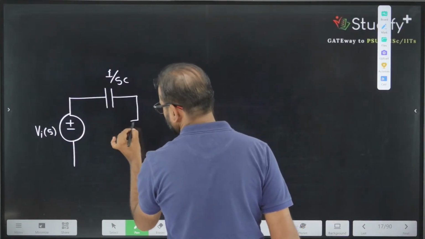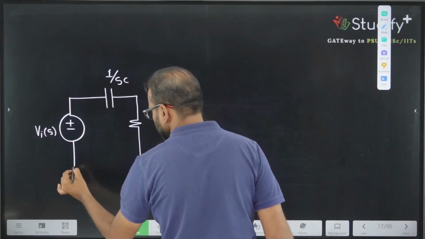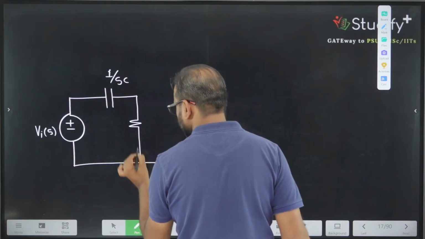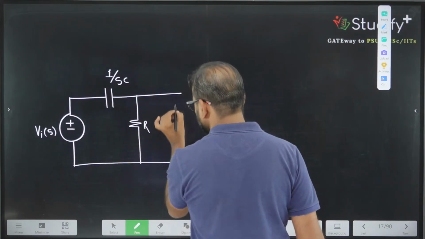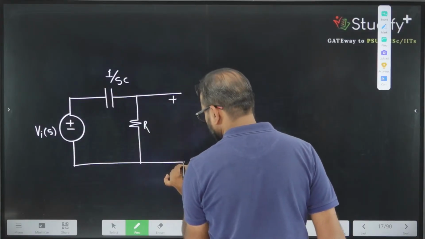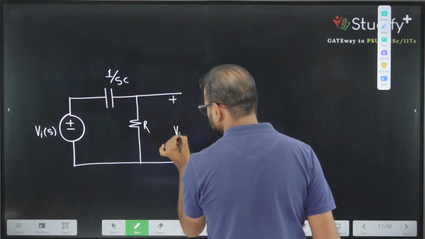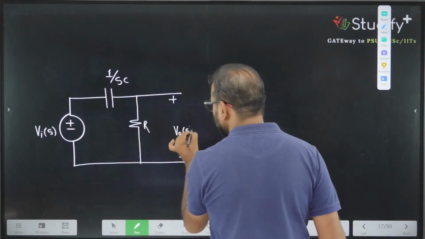Then we have R, and this value I am calling V output of S.